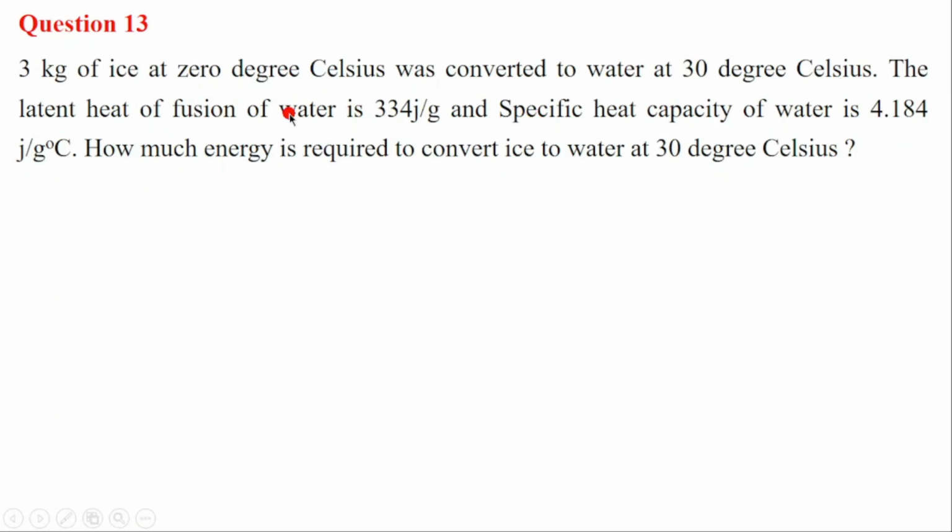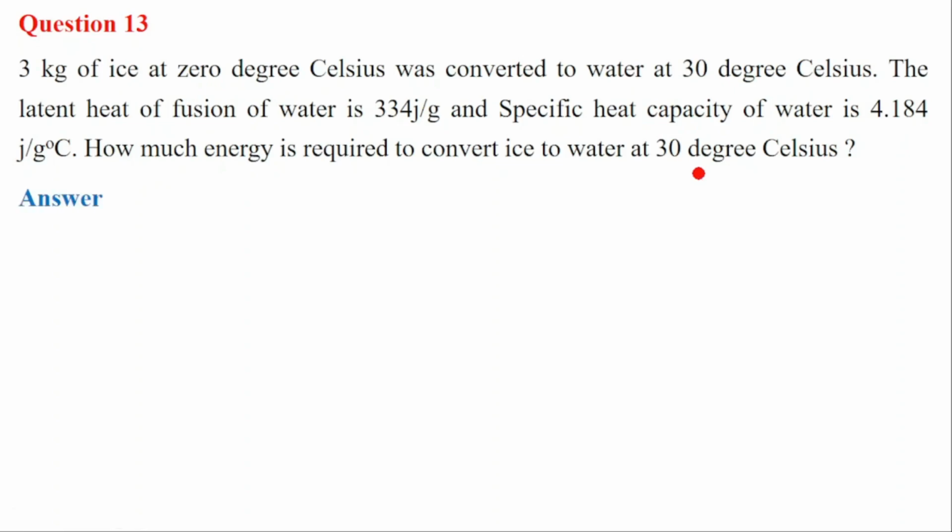The latent heat of fusion of water is given as 334 joule per gram, and the specific heat capacity of water is 4.184 joule per gram degree Celsius. The question is asking how much energy is required to convert the ice to water at 30 degrees Celsius. Here we have two phases.